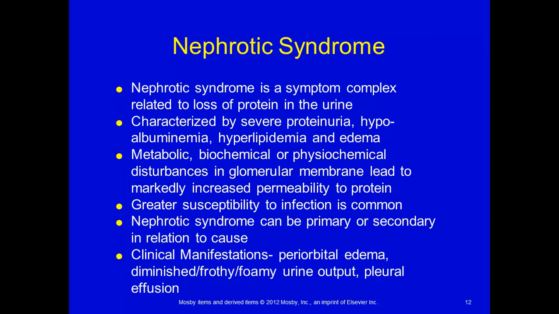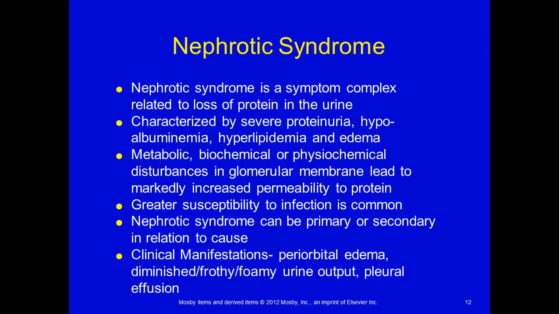The next one is nephrotic syndrome. Now, let me be clear a little bit here about nephrotic syndrome. It's a complex accumulation of symptoms that you may see because of some type of glomerular nephritis.